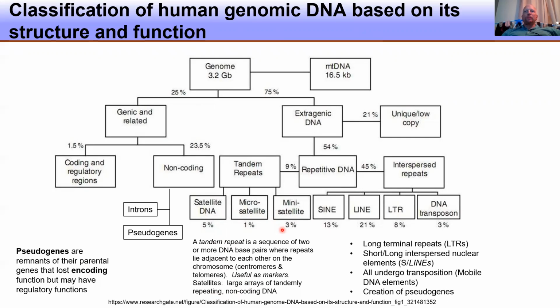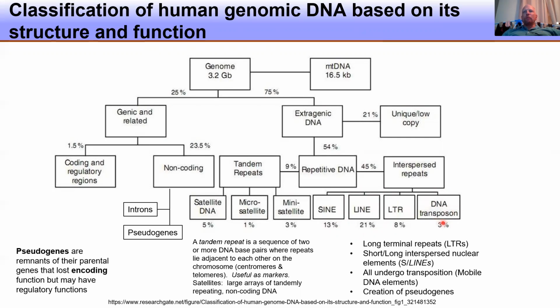So the interspersed repeats, which are scattered throughout the genome, we have 4 categories. We have long terminal repeats, we have the short and the long interspersed nuclear elements, SINEs and LINEs, and these all undergo transposition. They are mobile DNA elements, and then we have the DNA transposons.